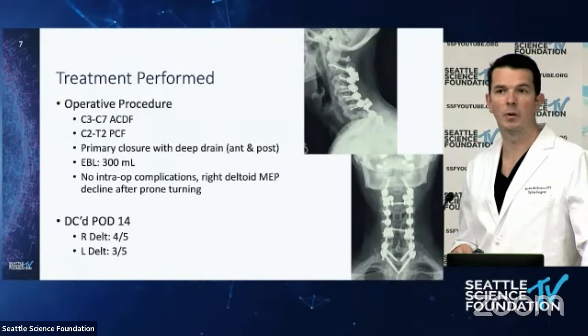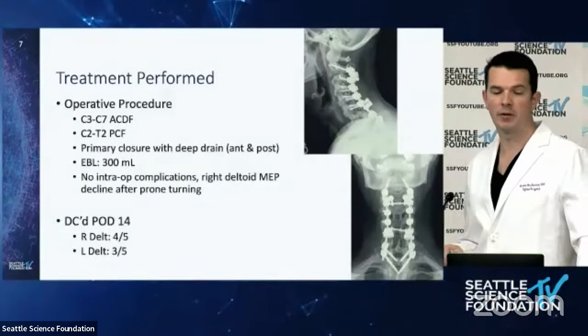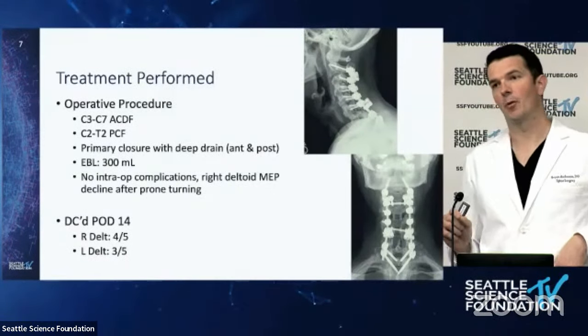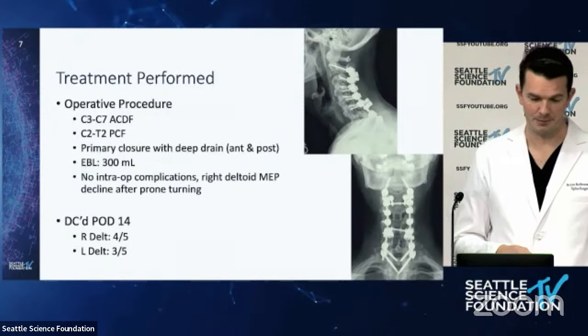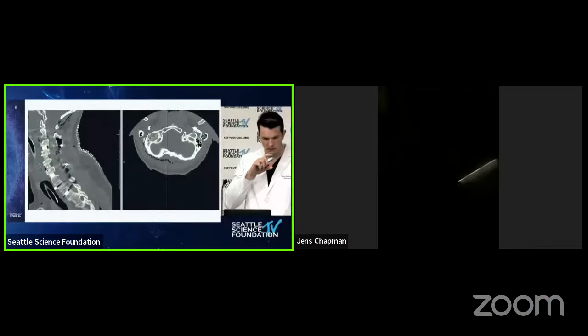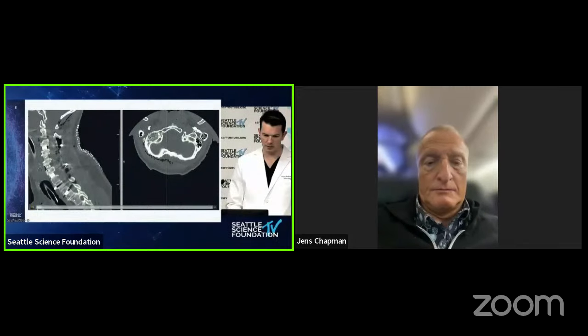Her postoperative course in the hospital was a little protracted. She had some encephalopathy that resolved by the time she was discharged to a SNF. But at discharge, she had 4 out of 5 deltoid on the right and 3 out of 5 on the left. Here's just her postoperative CT, showing some of the correction here. Let's see if this plays.